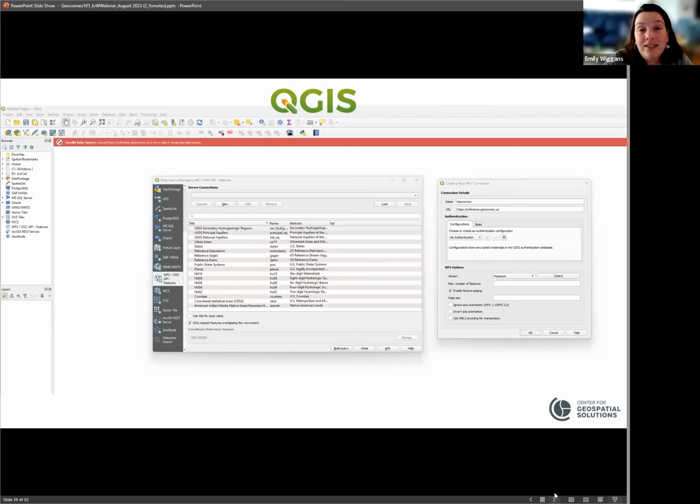So that's just a way to link to our data on your computer if you're using QGIS, which is a mapping software that is open source. So if you add this WFS connection, you're going to be able to access all of those reference features.